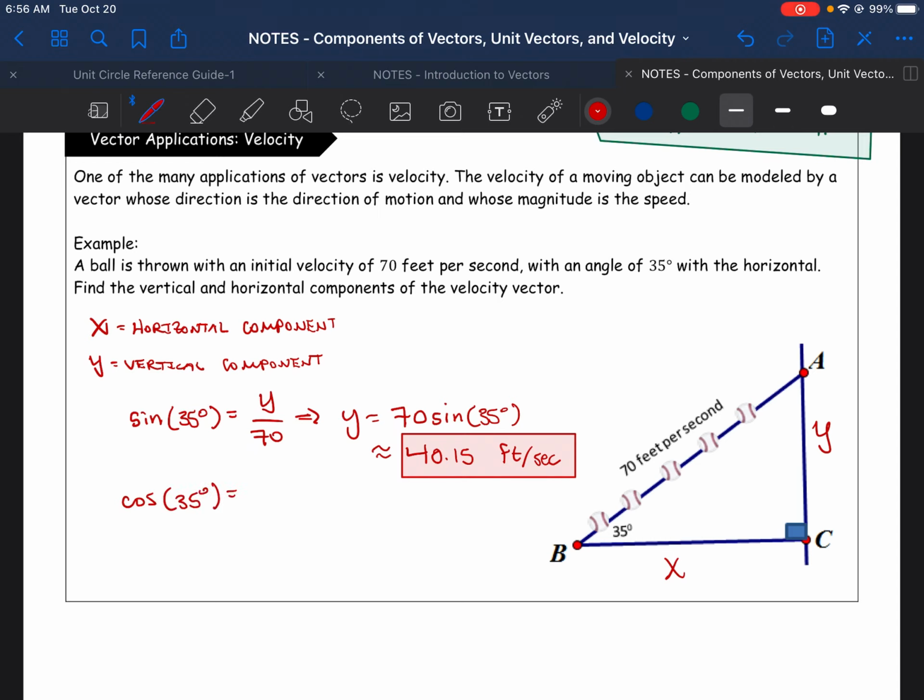That would be equal to the adjacent leg divided by the hypotenuse, x divided by 70, which would then mean that if I multiply 70 on both sides, x would equal 70 times the cosine of 35 degrees. Plugging this into a calculator and rounding to 2 decimal places, this would give us that the horizontal component is approximately 57.34 feet per second.